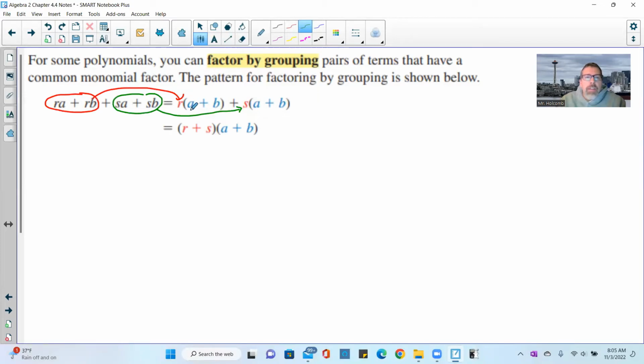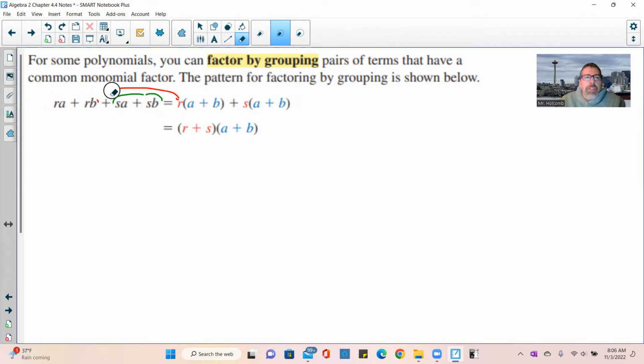And then when you do that, these two parentheses are the same. And so then we can factor out an A plus B from R times A plus B plus S times A plus B. So now we're just factoring it again by grouping.